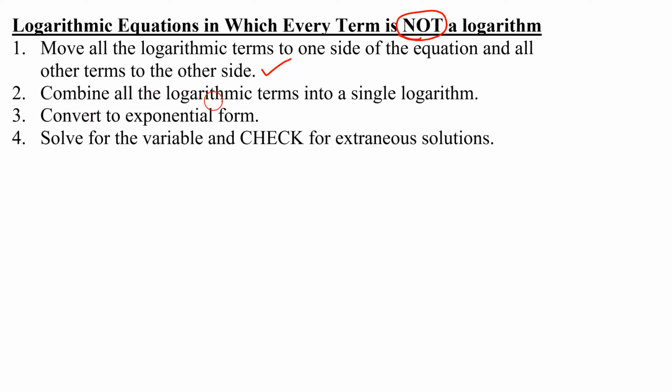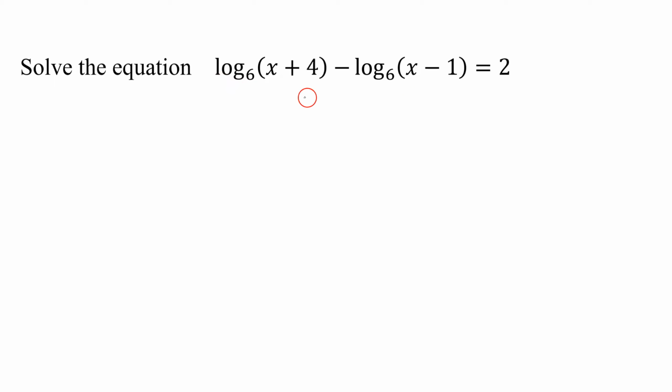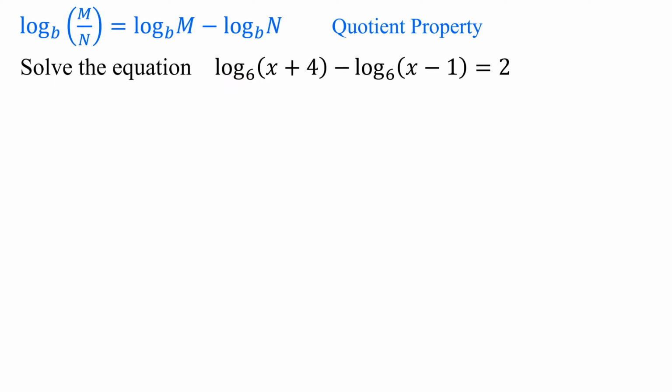Next, we have to combine all the logarithmic terms into a single logarithm, then convert to exponential form, solve for the variable, and don't forget to check for extraneous solutions. So in this case, I need to combine these two logarithms. And in order to do that, I'm going to use the quotient property because one of my logarithms is positive and one is negative.